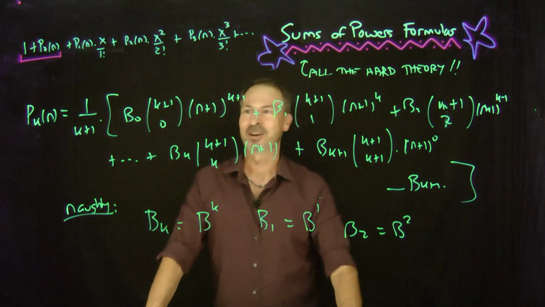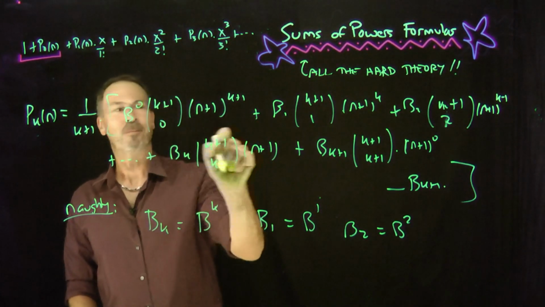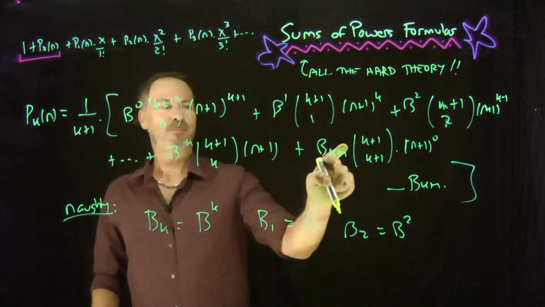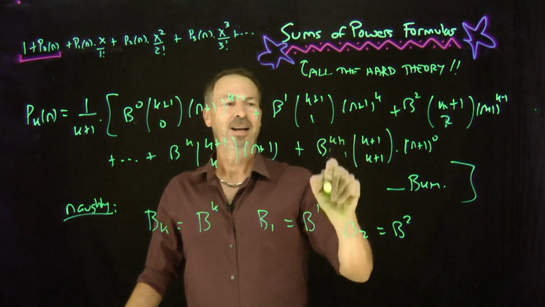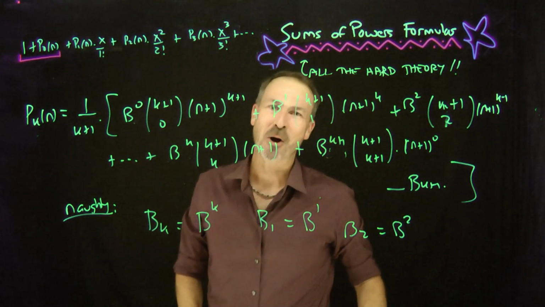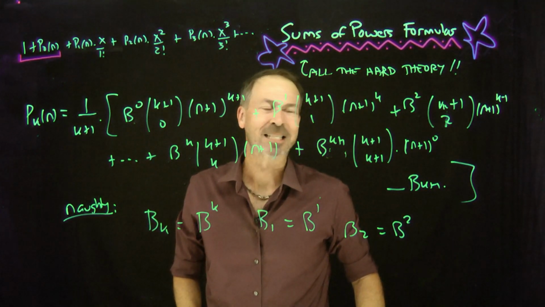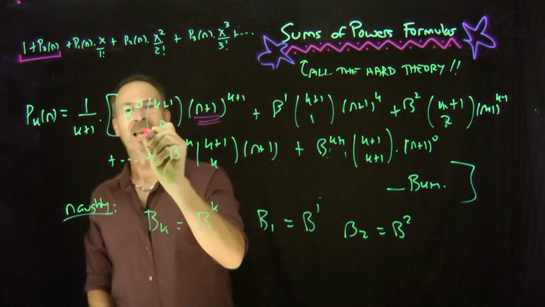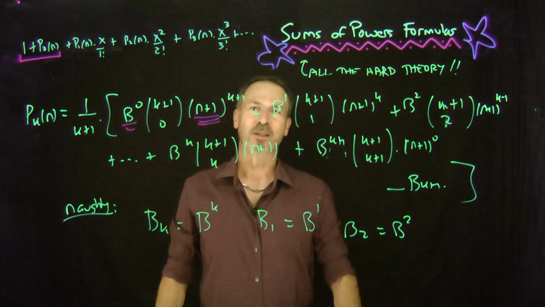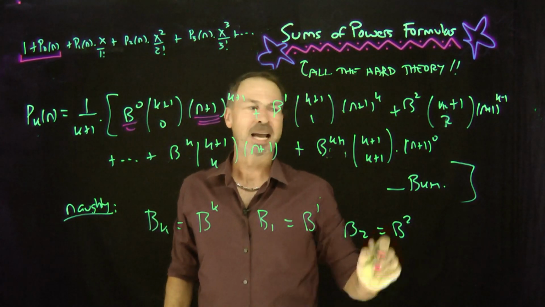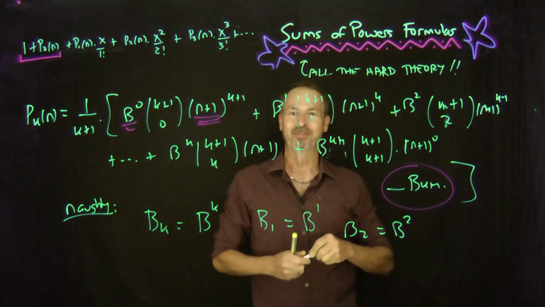b_2 is b_2. Because if you're going to do that, b to the 0, b to the 1, b to the 2, b to the k, b to the k plus 1, then you see this is exactly the binomial formula. It's as though we're expanding a binomial in n plus 1 and b's to the k plus 1th powers, n plus 1 plus b to the k plus 1th power, and then we've got this final little correcting term at the end.